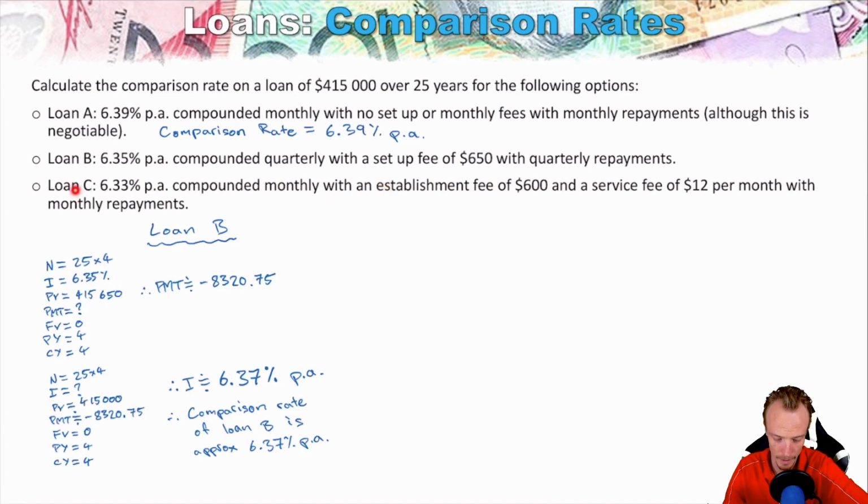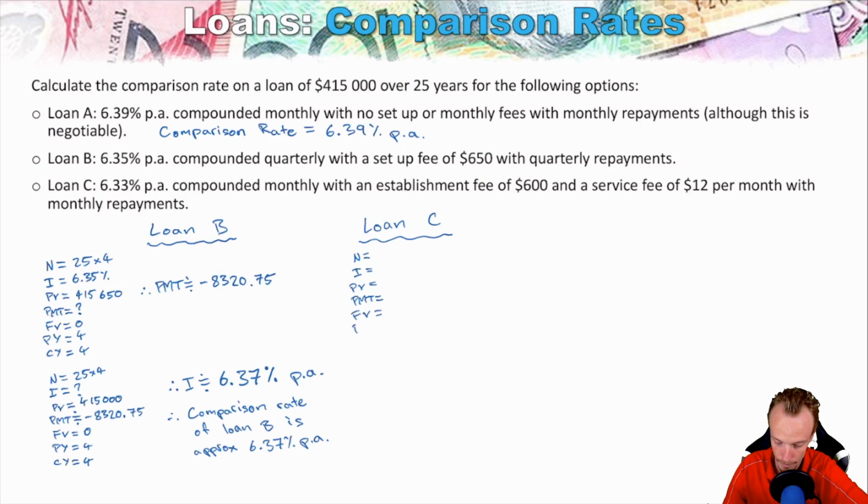So let's go and look at loan C because there's both a setup fee and a monthly fee. So what changes here with loan C is step 3. So step 1 is still the same in that, let's just quickly write all these down. Present value, PMT. You get very good at remembering these after a while.